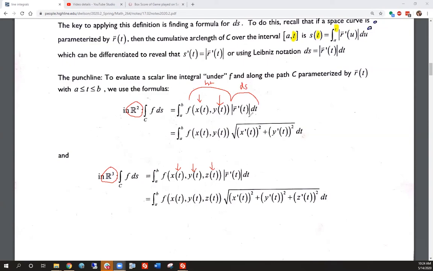The magnitude of r prime is a little bit complicated to use, so this thing right here can be simplified or expanded out into the more easily usable formula, the root of x prime squared plus y prime squared. Questions?